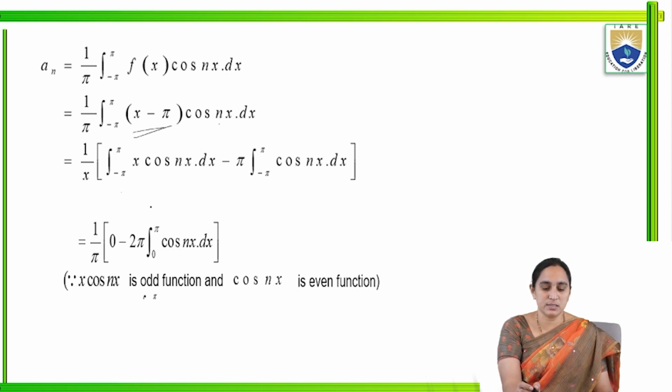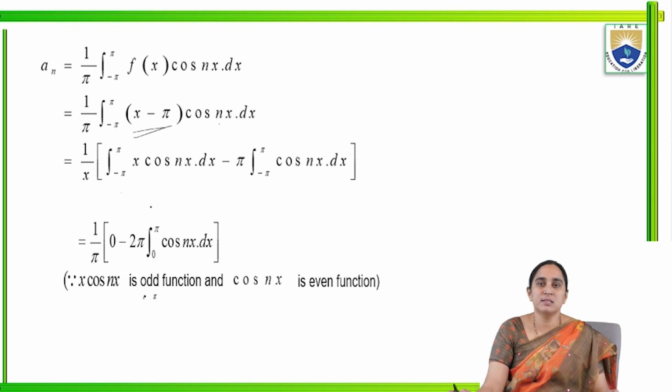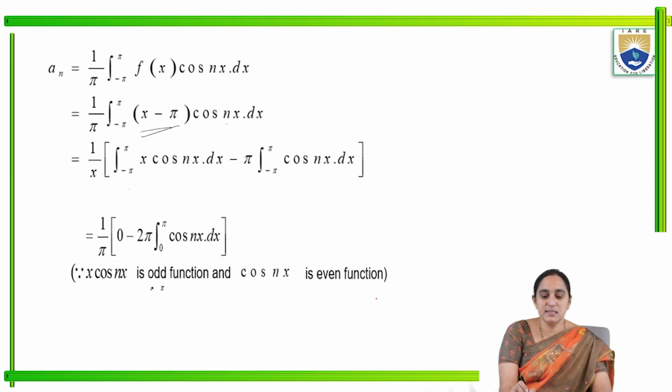Here, once observe, generally cos nx within the interval minus pi to pi is an even function. x is an odd function, cos nx is an even function, so if cos nx is multiplied with x, it is an odd function. Therefore, directly within the interval minus pi to pi, x into cos nx is 0.